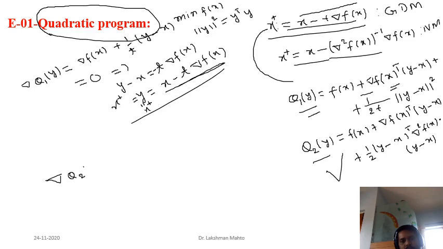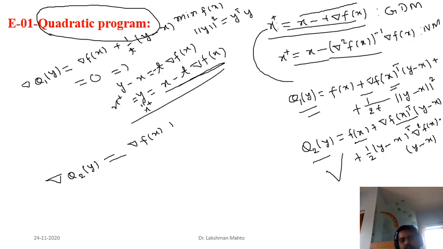The gradient would be very simple. There is no t involved in q2. This one is constant with respect to y. Here the linear term gives the gradient of f at point x.